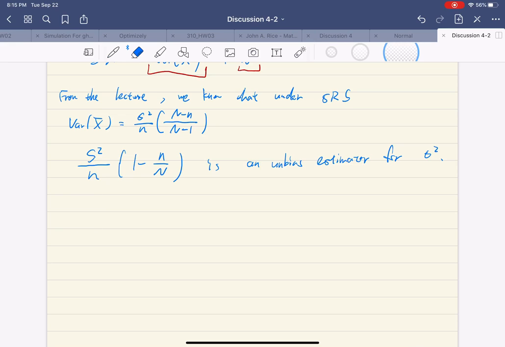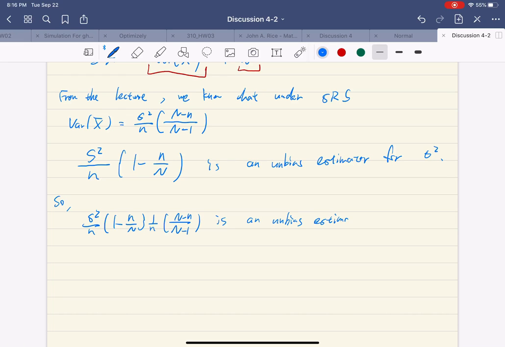So S square over small n, times this factor, is an unbiased estimate for the variance of S bar.